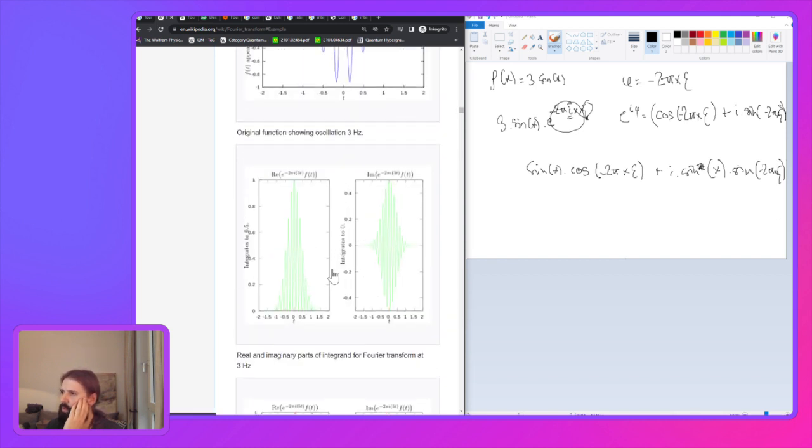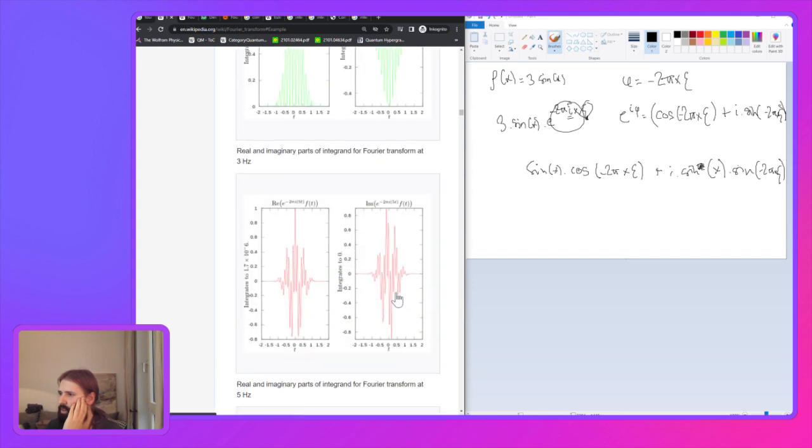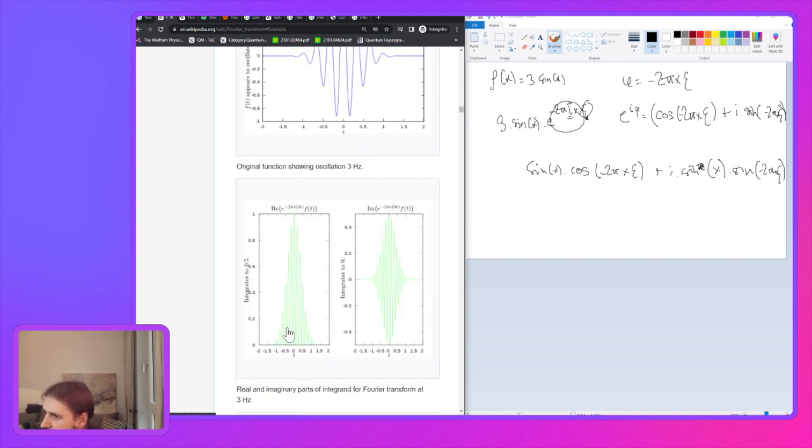Maybe because that's the example of when things vanish, right? And in this case it's maybe different the way you interpret this, but it seems to make sense. So the real part here is positive, whereas in this case the imaginary part cancels.